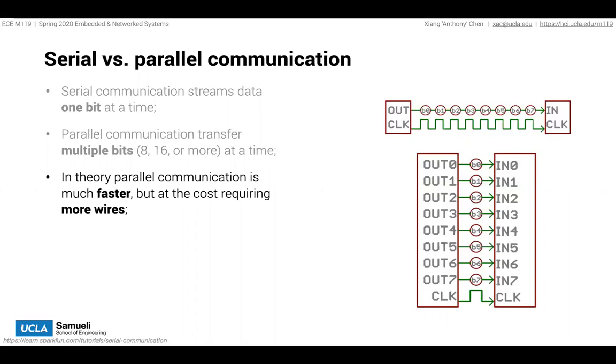You can count how many pins you have on a microcontroller, and imagine if you want to implement a parallel communication mechanism, how many peripherals can you connect to and communicate with at the same time? That's why choosing serial communication is actually a more practical method to address the need to have multiple peripherals connected to a limited number of pins.